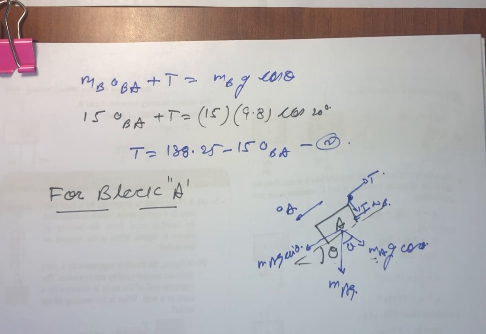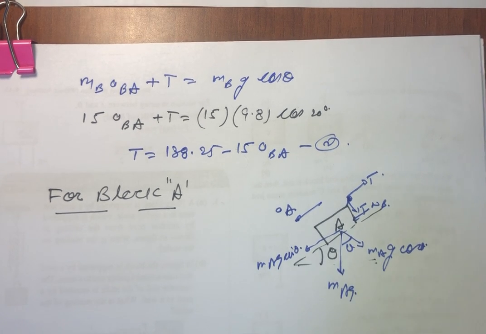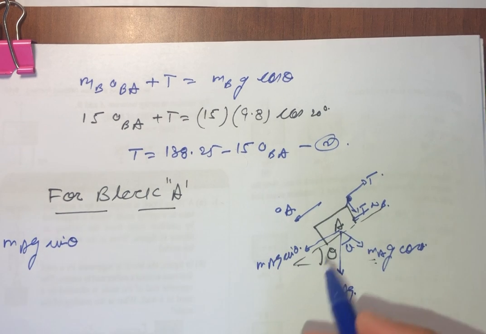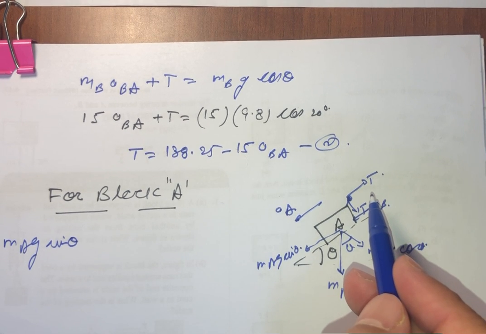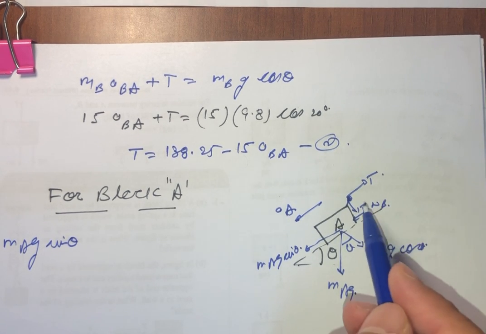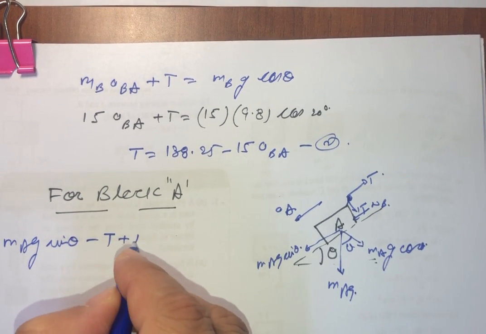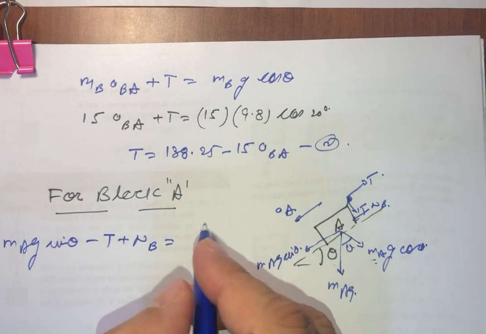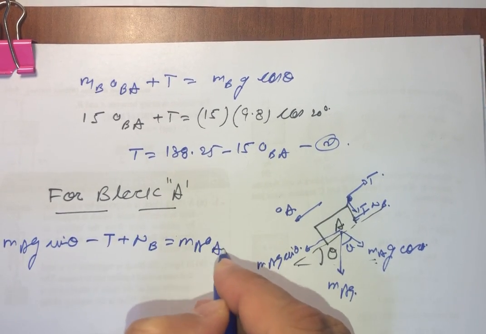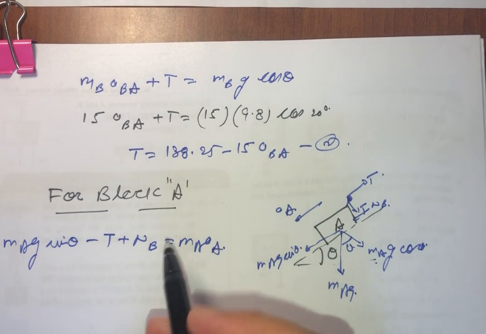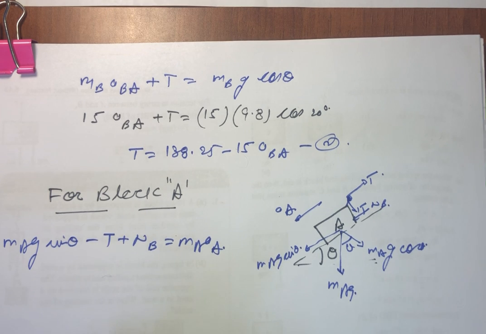So we can write the equation: mAg sine theta minus tension T plus normal NB is equal to mA a.